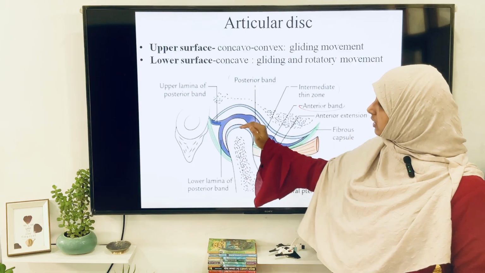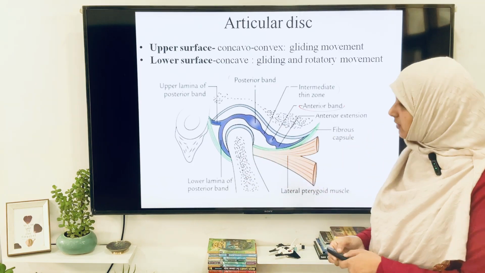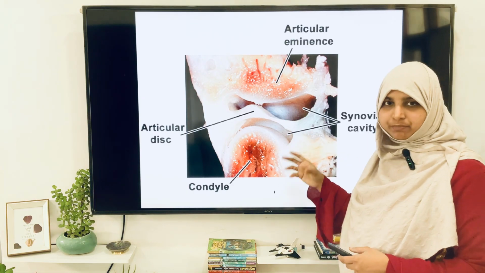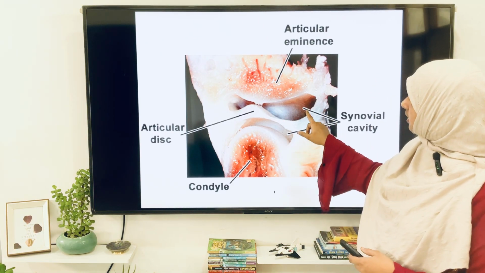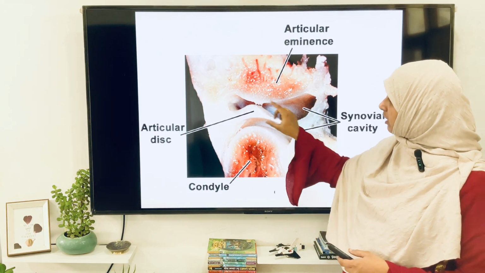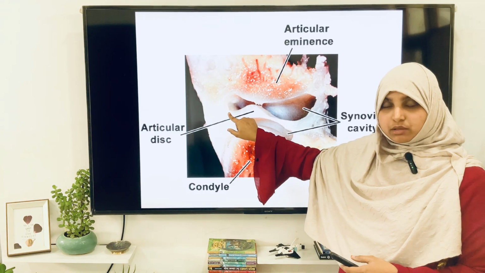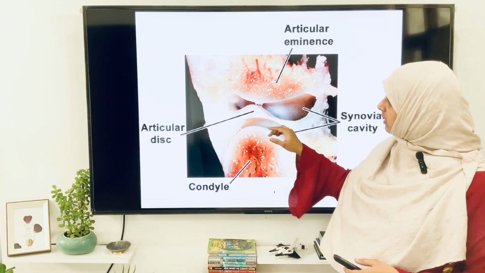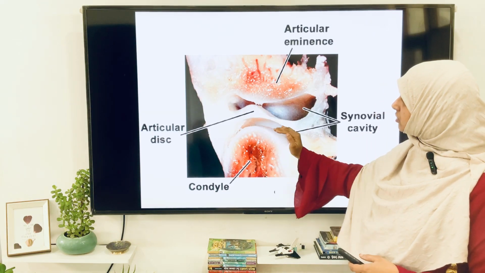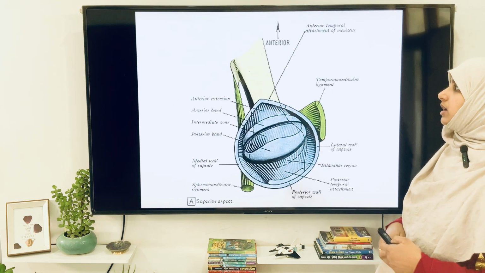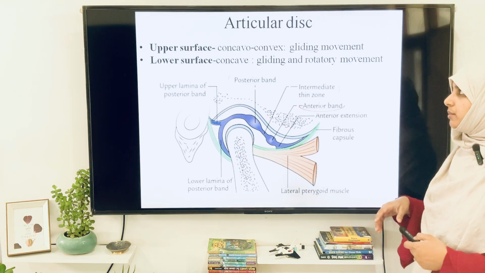If you see from below, it is going to be only concave. This will be easier to understand if you see the actual structure. See here, anteriorly the upper surface is concave, and posteriorly it is convex because of that thickening. Whereas the lower surface is only concave. Okay, so this is why the shape difference is happening.